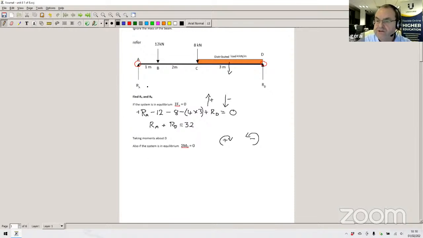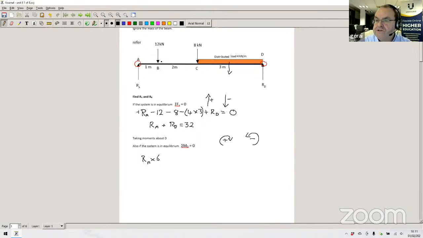The first moment is going to be the force acting upwards, RA, at a distance from D of 6 meters in this case. So we'll have RA multiplied by the distance, which is 6 meters. And because that's acting upwards, that's in a clockwise direction around D, so it's going to be positive.